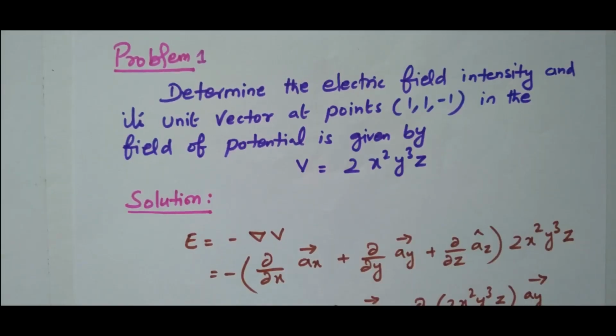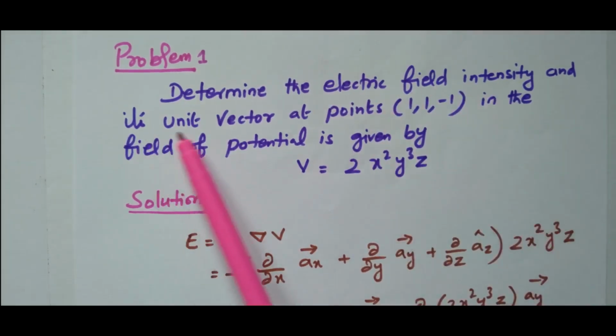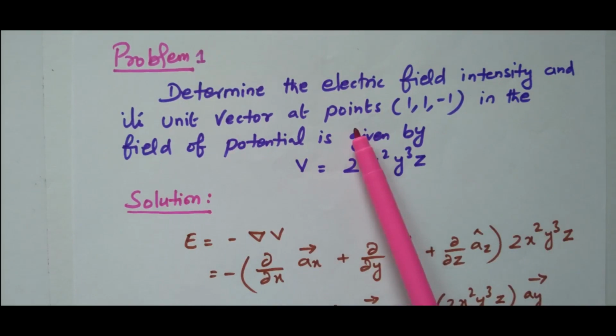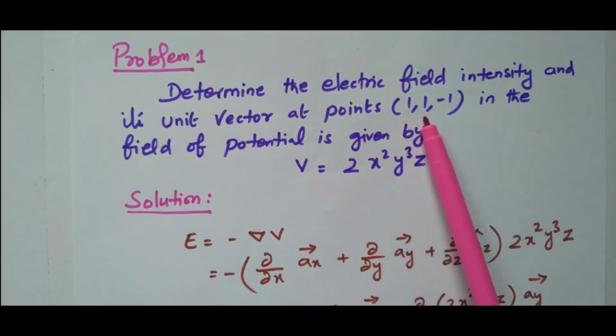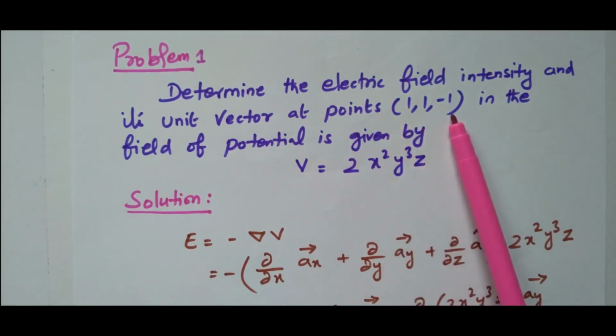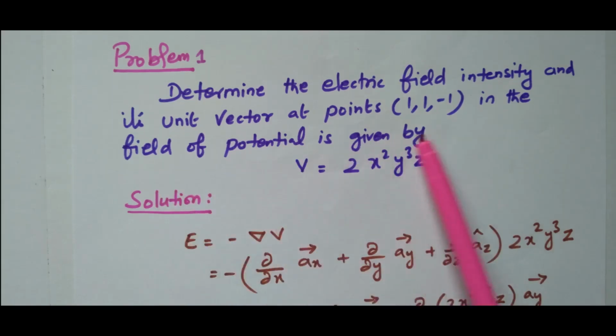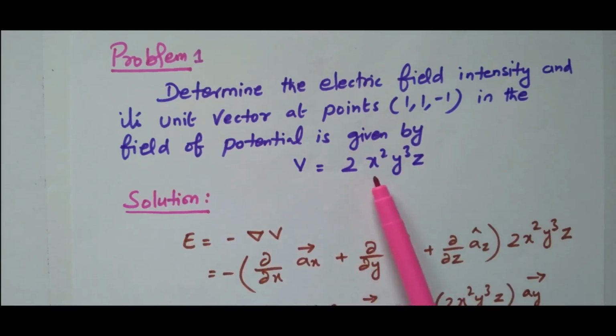So by using this relation, we'll see a few problems. We'll see the first problem. The first problem is to determine the electric field intensity E and unit vector at the point 1, 1, minus 1, in the field of potential given by V equals 2x square y cube z.